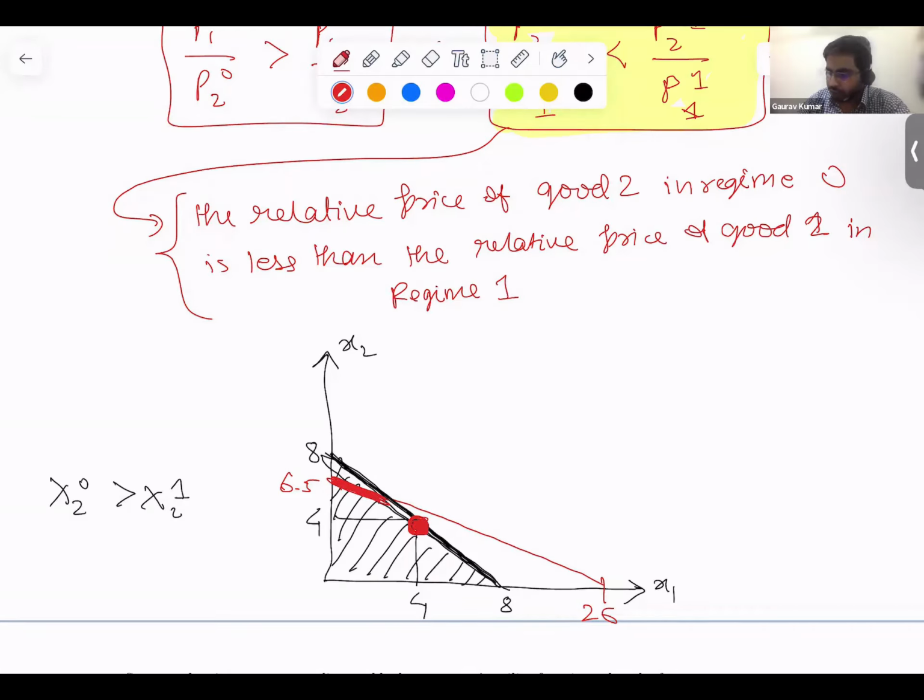So when you come to regime 1, there is no point for you to select from this part. I'll just mark it. So you have this part from which you can select, which will give you a higher utility.